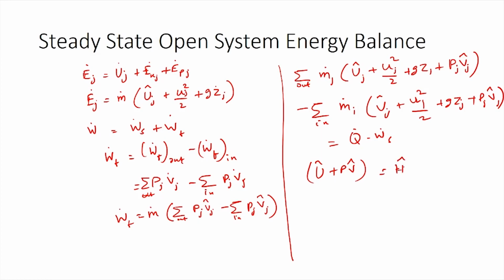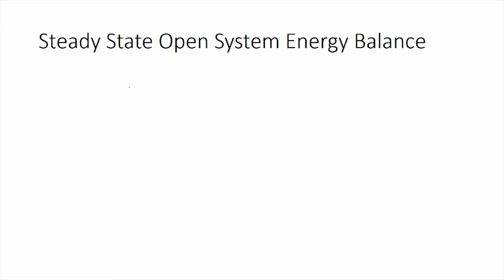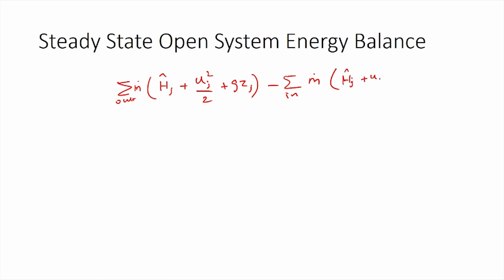This means the equation which we have can then be simplified and written as sigma of out times m dot times H cap j plus Uj squared divided by 2 plus g zj, minus sigma of input times m dot times H cap j plus Uj squared divided by 2 plus g zj, would be equal to Q dot minus Ws dot.